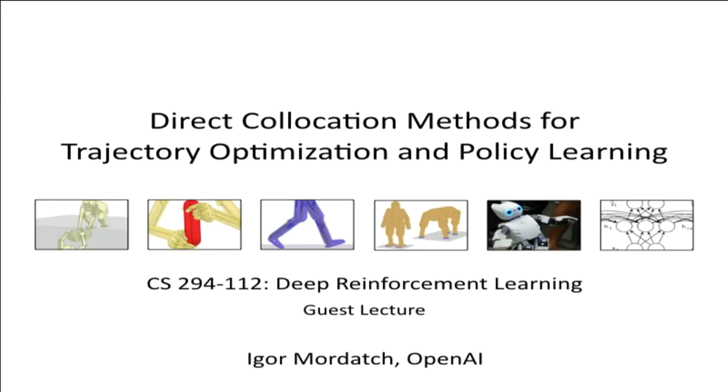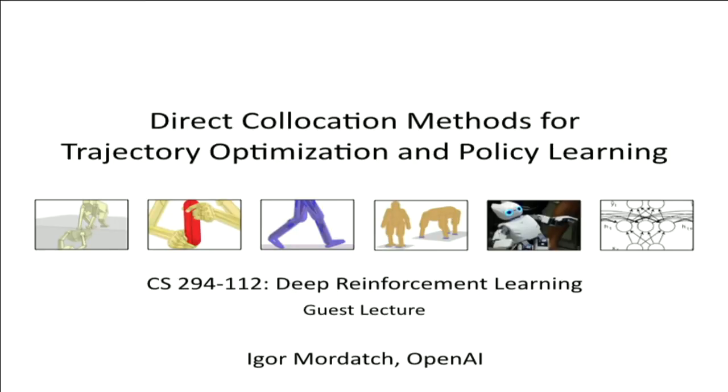All right, guys, we're going to get started. It's my pleasure today to introduce Igor from OpenAI. Igor is a research scientist at OpenAI who did his PhD at the University of Washington with Emanuel Todorov and Zoran Popovic, where he worked initially on some really cool things in character animation, having characters execute really complex behaviors, really complex in-hand manipulation with arms, and some really interesting stuff with simulated muscle models.